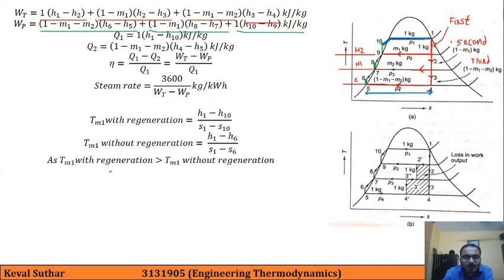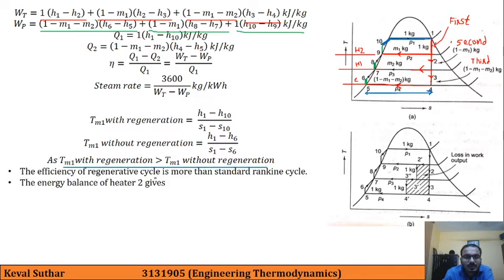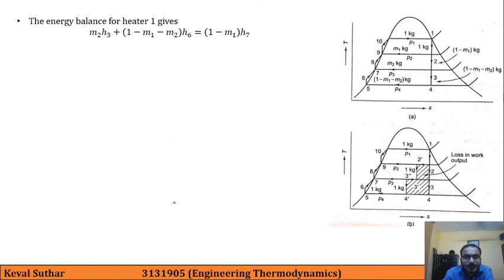So Tm1 with regeneration is more than the Tm1 without regeneration, so efficiency of regenerative cycle is more. And these are the energy balance for heater 2 and energy balance for heater 1. So these are quite straightforward. As you have drawn those previous figures, you can get this idea.